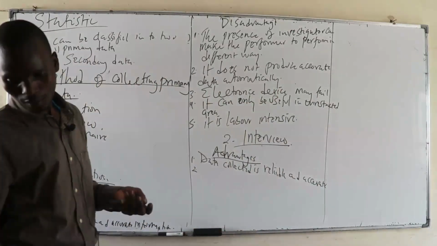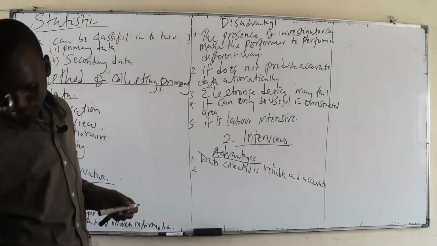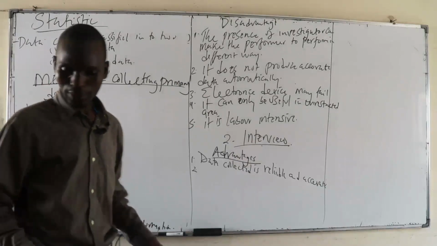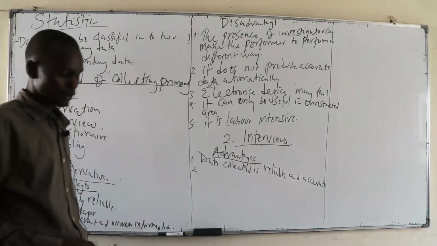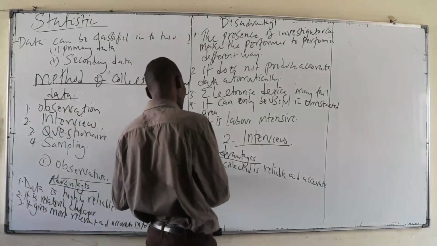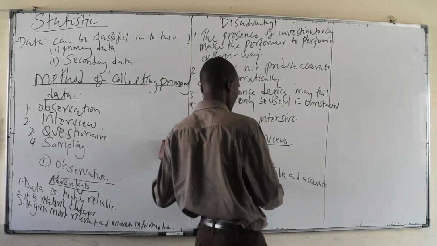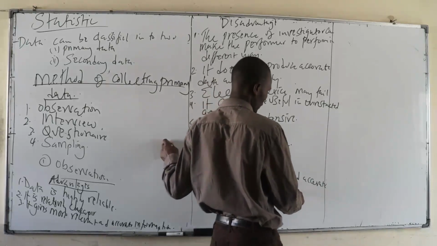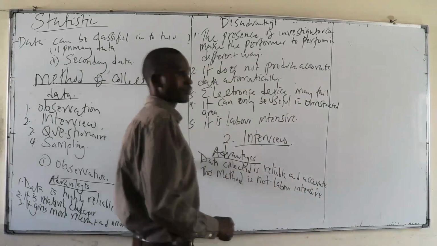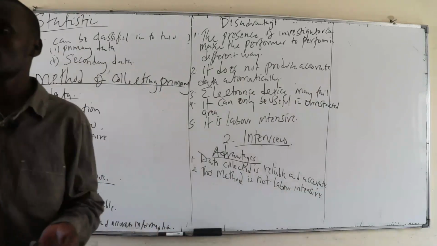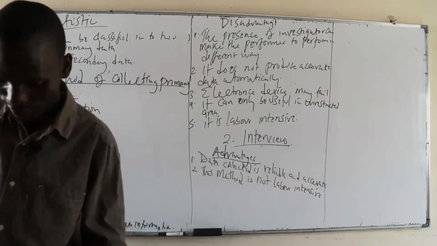Number 2, the method is not labor intensive, in that you don't need to go and observe, but you can rely on what someone else has observed. So he's telling you what he saw. Are we together? Yeah.